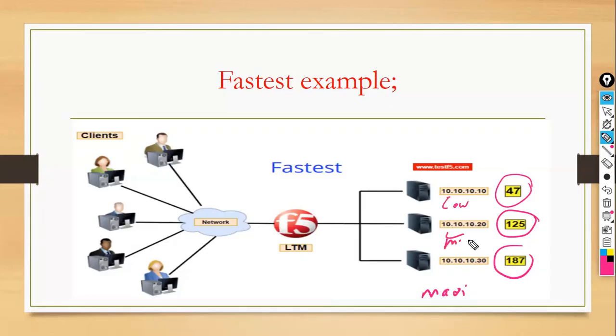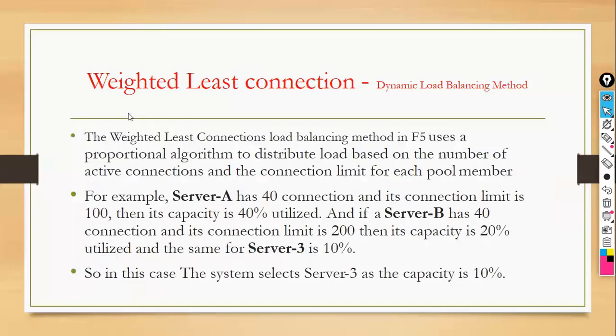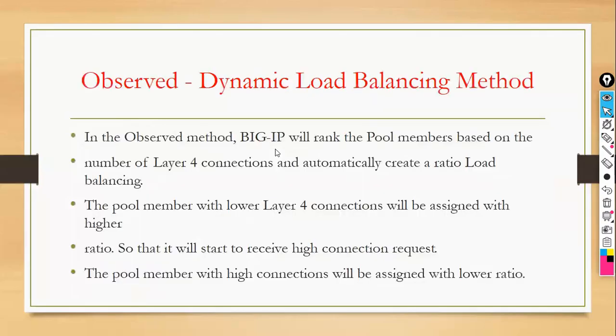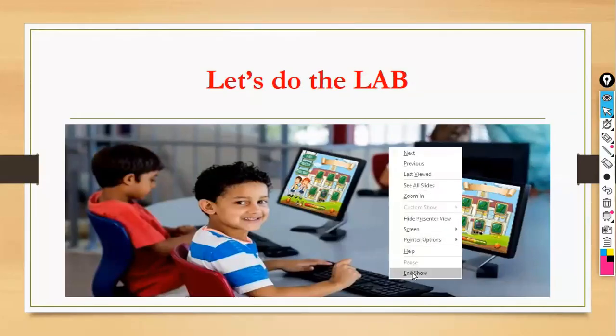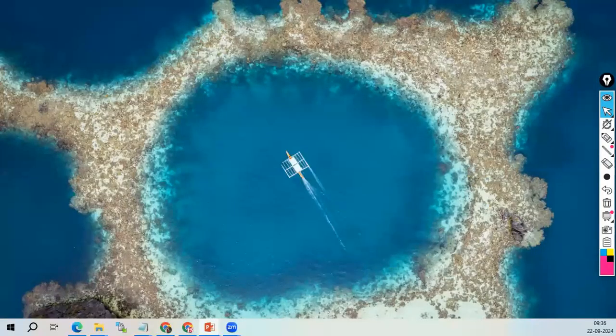We can say high, medium, and low: low 47, medium 125, and 187 is the highest. After that, we have the weighted least connection. So I think we can stop this topic and start with the lab. Okay, let's do the lab. Otherwise, we are going to deep dive into this theory part.